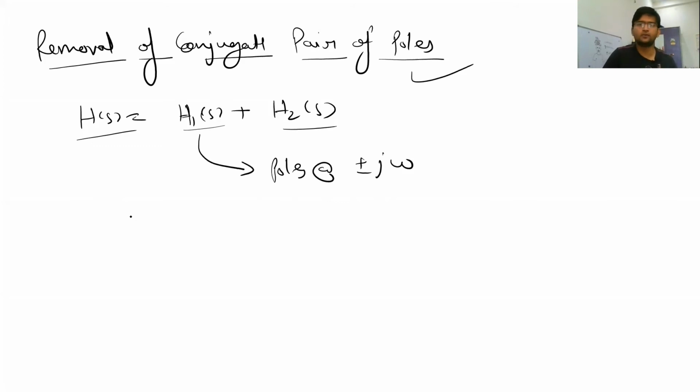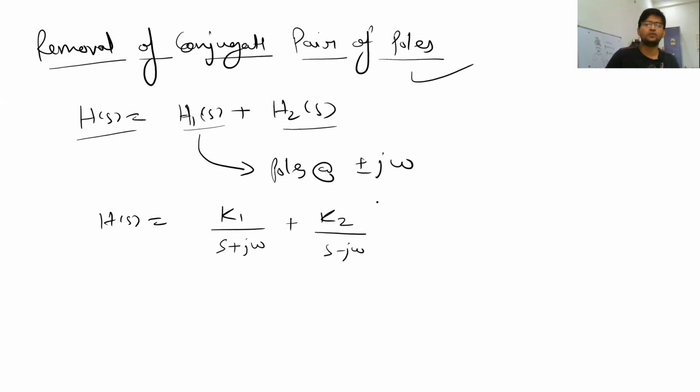In mathematics, you can represent it like this: H(S) is equal to, let me take K1 as a constant, K1 upon S plus j omega, and then another constant K2 upon S minus j omega. This combination of both will represent H1(S), right?